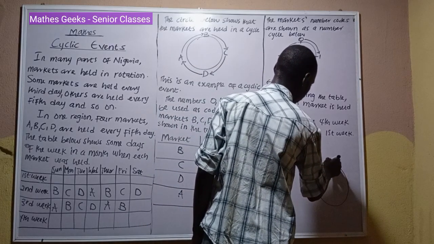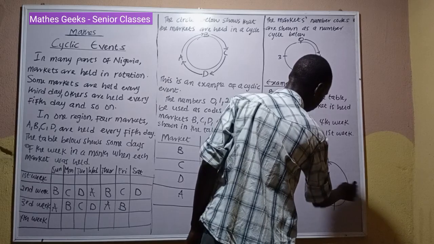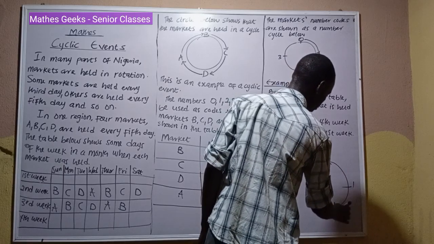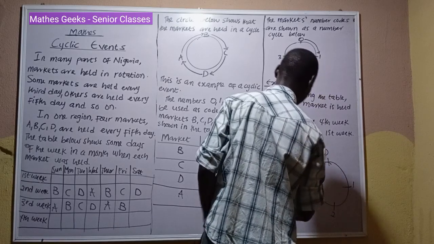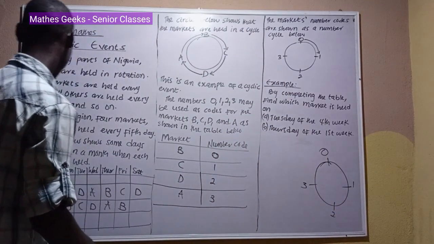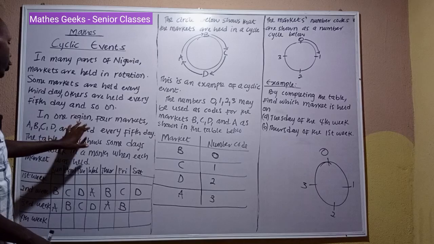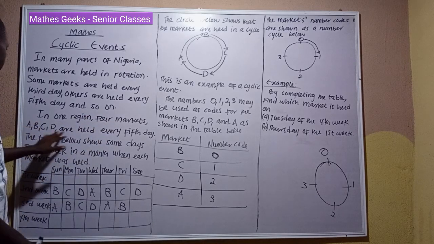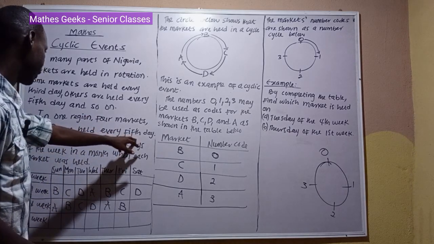So this is our number code: 0, 1, 2, 3. The explanation here is that in one region, 4 markets A, B, C, D are held every fifth day.